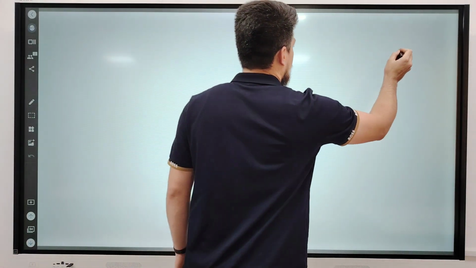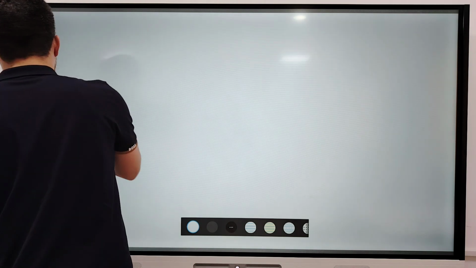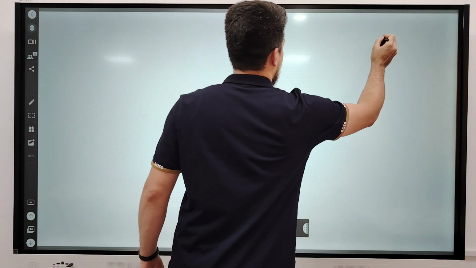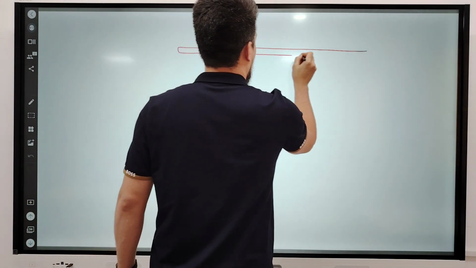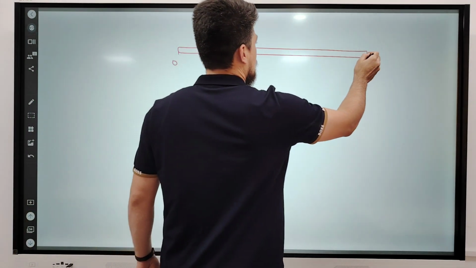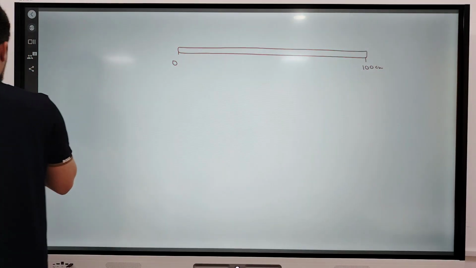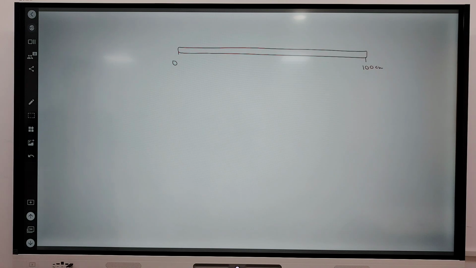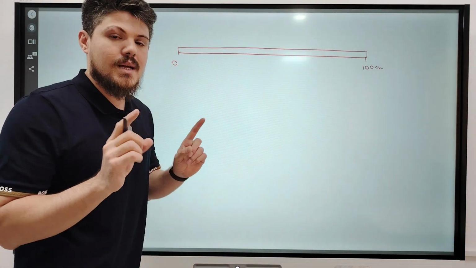What do we have? We have a meter stick. Its length is 1 meter, which means 100 centimeter. Assume that this is 0 and here is 100 centimeter. Because the meter stick is uniform, its center of mass is located at the middle.